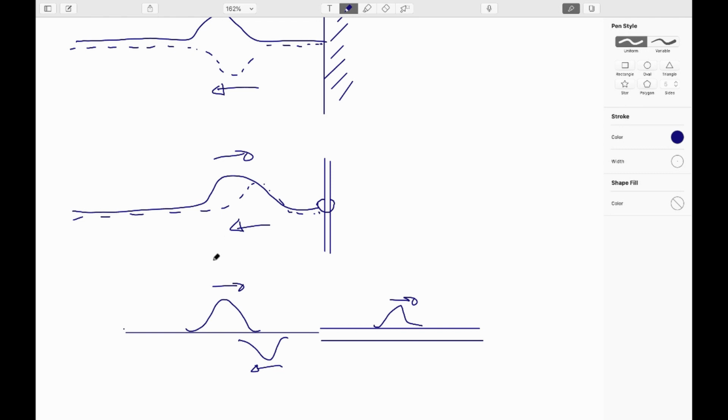So this is where the wave speed is high.